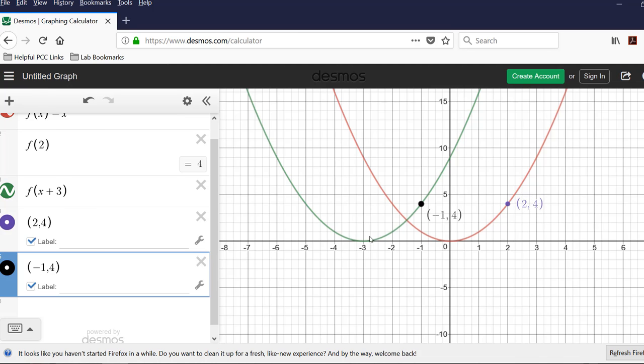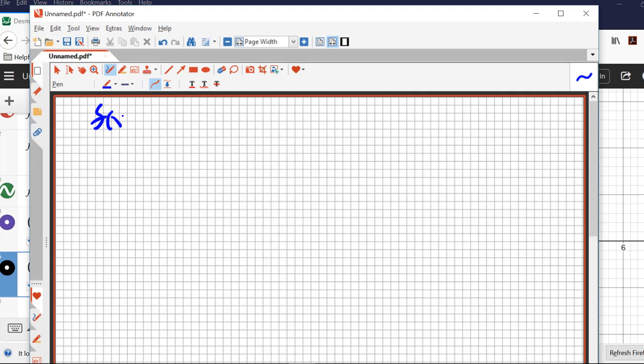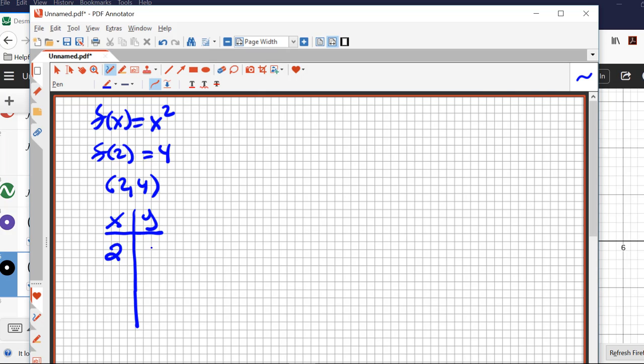So hang on. f of x equals x squared. And I know that f of 2 is equal to 4. So that gives us the ordered pair (2, 4). Great. Now, again, there's going to be a different perspective on transformation. So I've got 2 gives me 4.